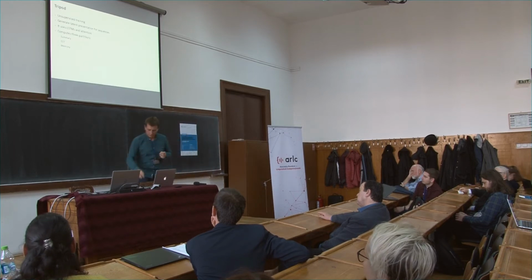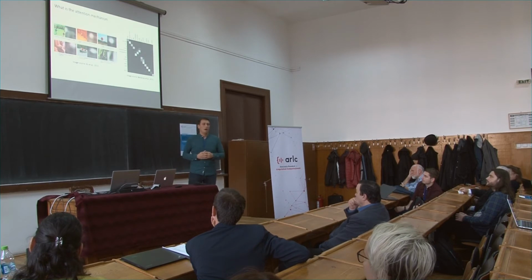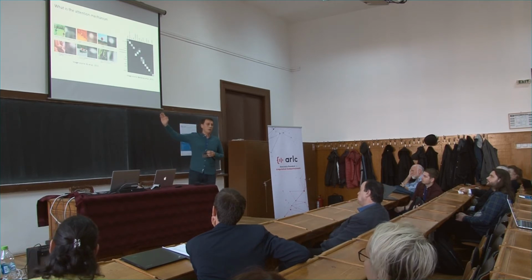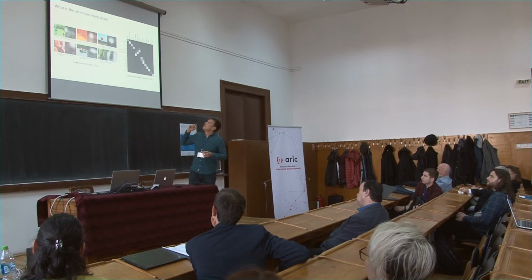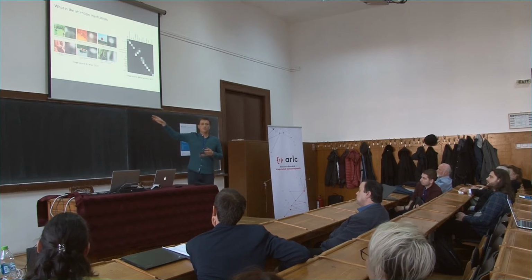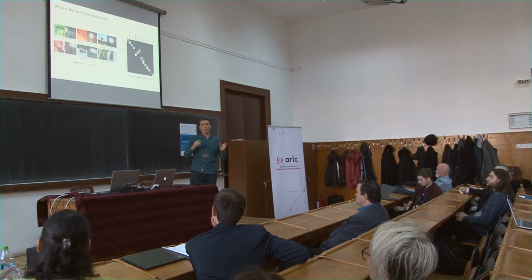To get what attention is, I have selected two mainstream examples from machine learning today. On the left side, we have image captioning, so you need to write what the picture is about. On the right side, we have machine translation. The one on the left is accomplished by a type of models called sequence-to-sequence models, which try to guess the output, the caption of the image, word by word.